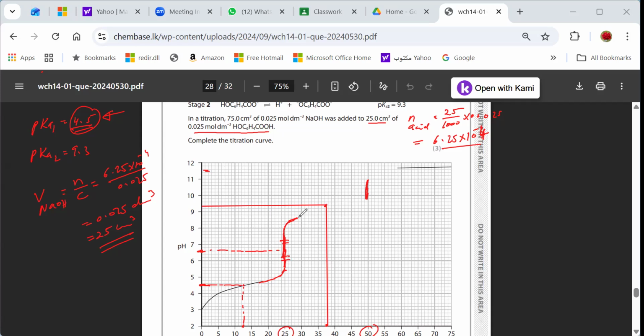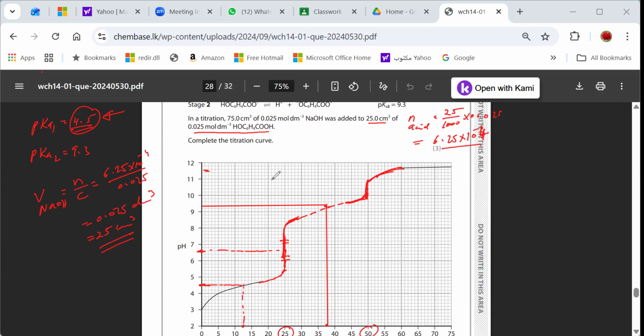And so we also have to draw a gradual change through the half the equivalence point until we reach the second equivalence point like this. And then you have to draw it like this.